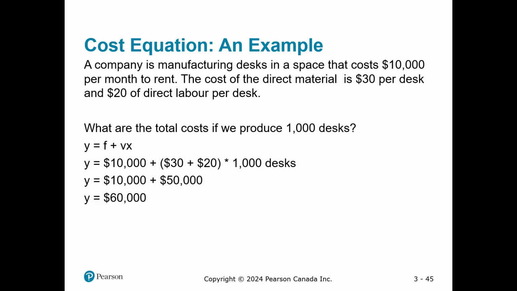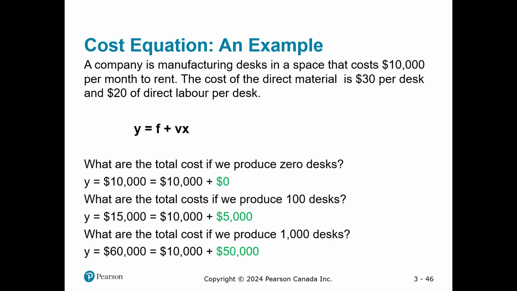And if we produce 1,000, it's going to be 10,000 plus $50 multiplied by 1,000. That's 10,000 plus $50,000. That's going to cost us $60,000. So you can see that this cost formula is helping us to predict the total cost at different levels of activity, the volume of desks we produce.